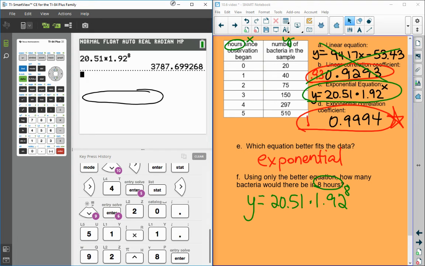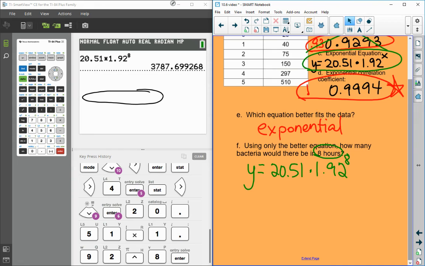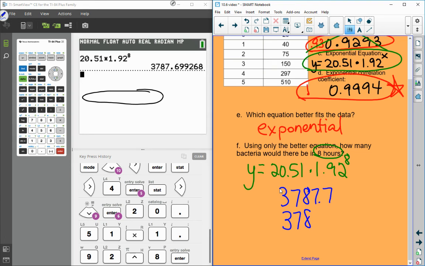And that is the number that I'm going to get: 3,787.7. If it asked me to round to a whole number, I would say 3,788. And there you go. That's how many bacteria there are.